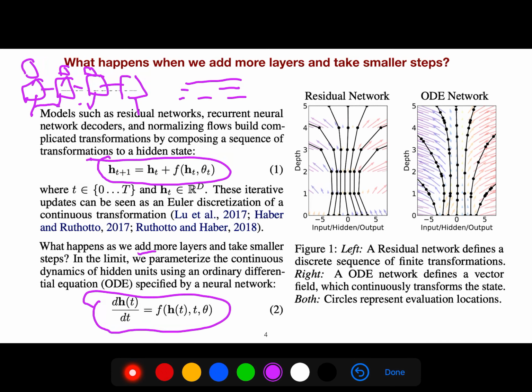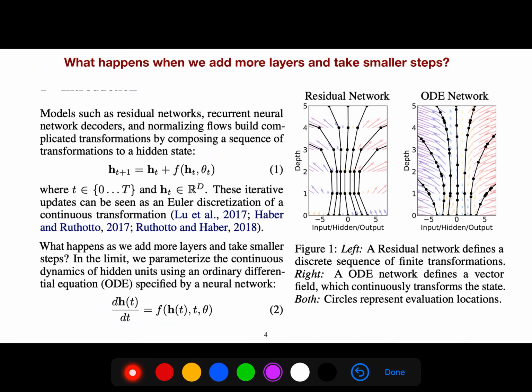So when we add more layers and take smaller steps, this is what happens. And you see that you can apply it to a residual network, like the left one, and the right one, which is the ODE, that transforms the state.